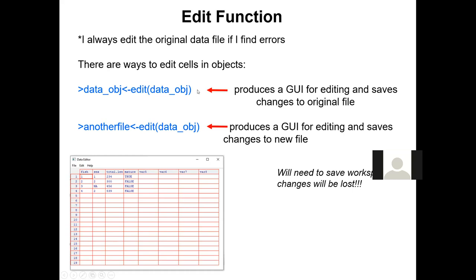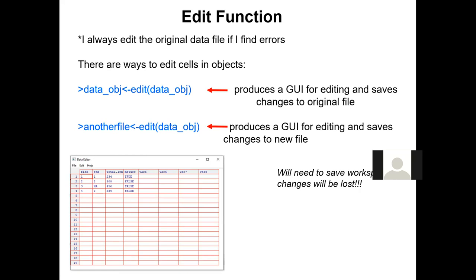What this does, at the bottom you see, is a window will pop up with the outlined cells, and you can access each one of those cells by clicking in it and changing the values. So this first line, data object assigned edit data object, means once you change those values, the changes are assigned back to that data object.